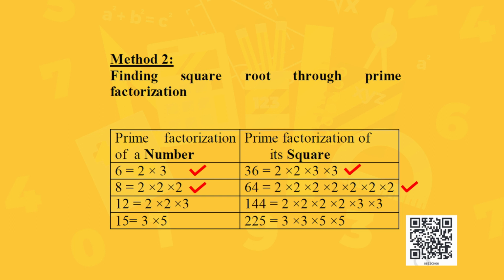In a similar way, we can observe 12, whose prime factorization is 2 times 2 times 3, and the square of 12, which is 144, whose prime factorization is 2 times 2 times 2 times 2 times 3 times 3.